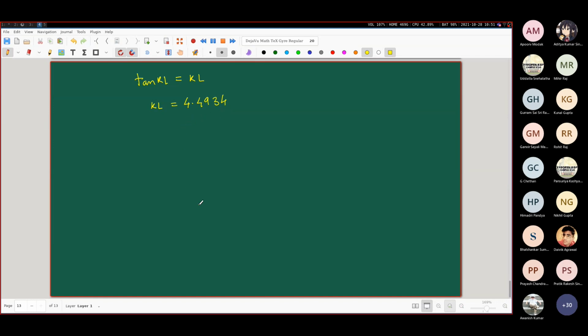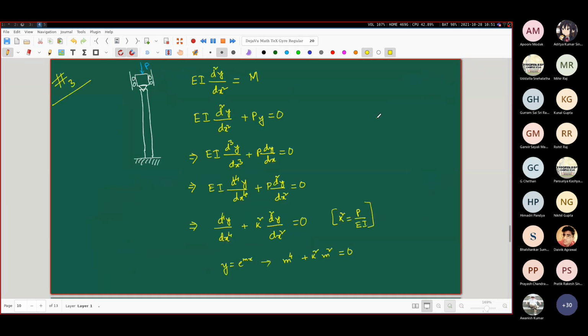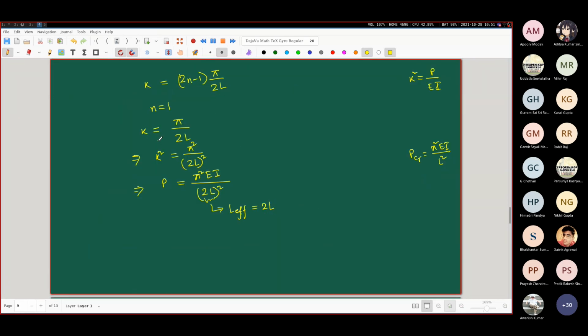Now, please compare with what we had obtained earlier. In the previous problem, we had obtained KL is equal to pi by 2. It seems very beautiful, but pi by 2 is just a number. This is 3.141592653, something like that, divided by 2. There's just a number on the right hand side.